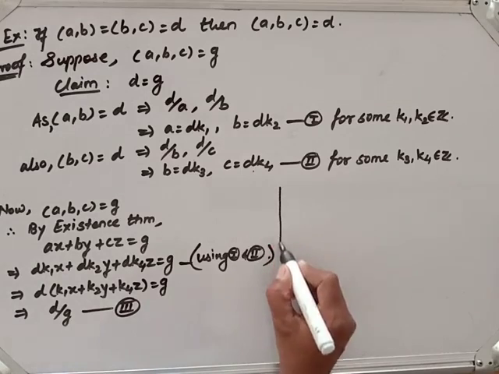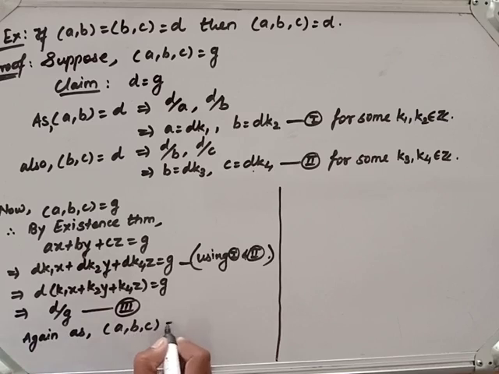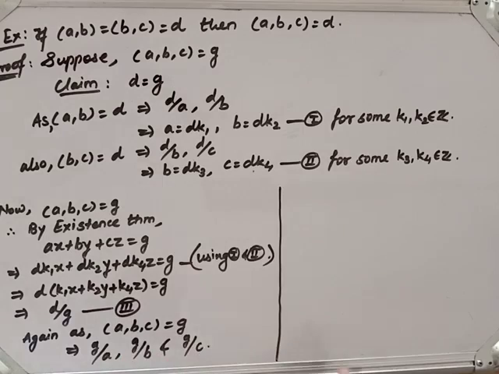Again, now the next part. As the GCD of A, B and C is G, this gives G divides A, G divides B and G divides C also. Fine.